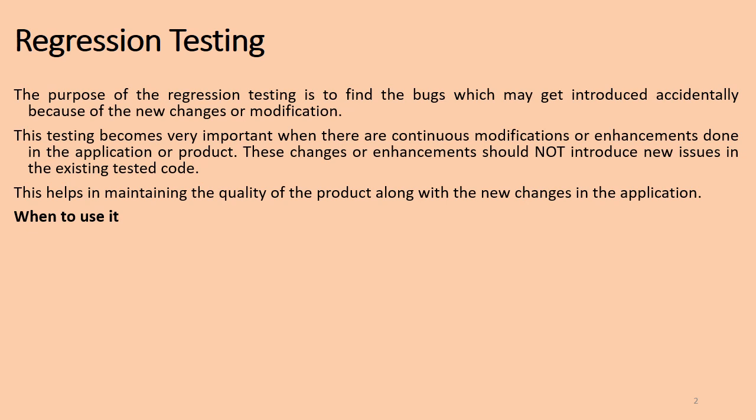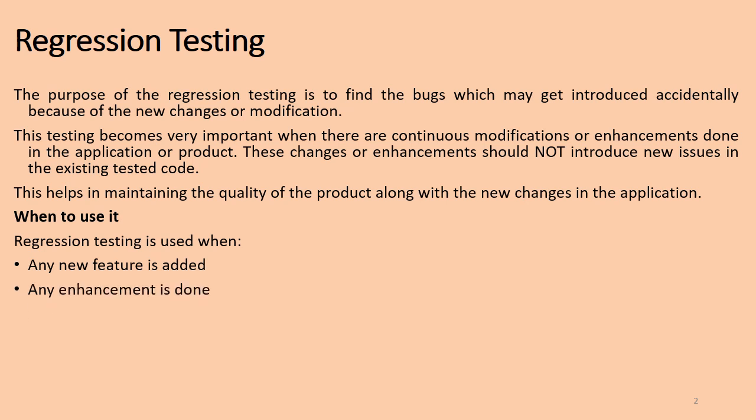So when can you use regression testing? You can use it when any new feature is added, or any enhancement is done, even a simple enhancement like an edit feature. You can use it if any bug is fixed.